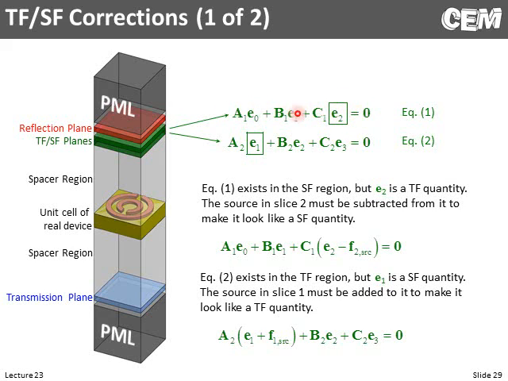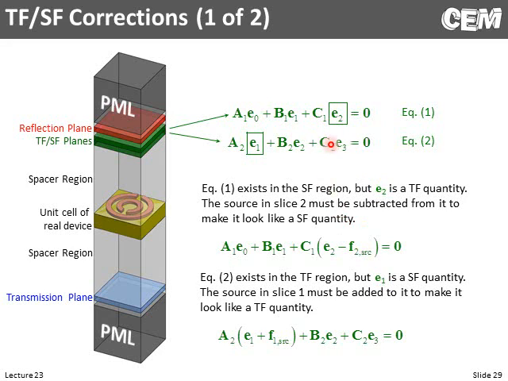All of the terms in this equation are expecting scattered field quantities, yet we have a total field term. So we have to subtract the source from it. So here's the new slice equation for equation 1 where we're subtracting the source. And since we're talking about the electric field in the second slice, this is the source in the second slice.